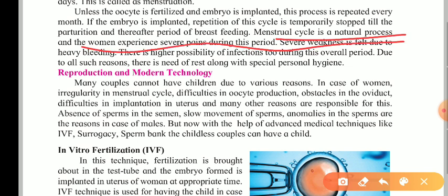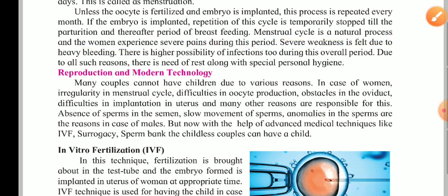If the ovum is fertilized, then the developed embryo will stick to the uterus, and then the release of the hormones will be stopped and it will be carried on continuously with the pregnancy.